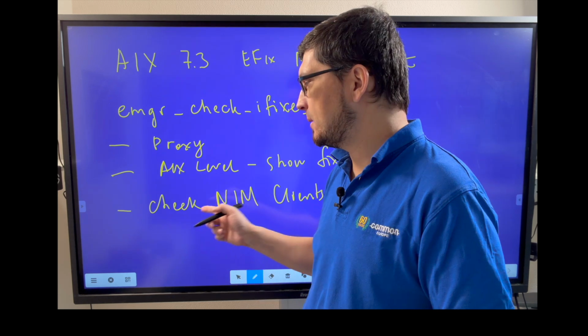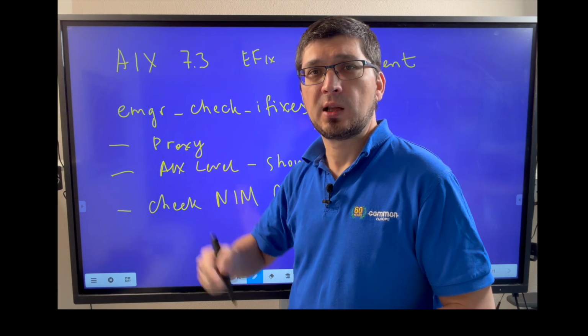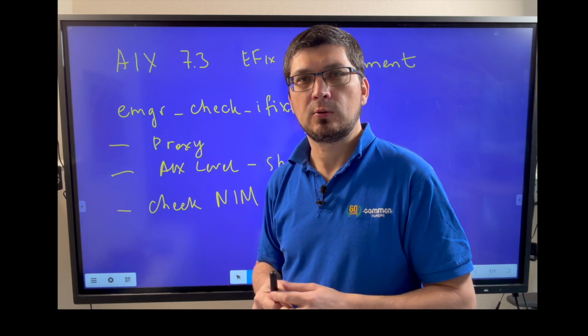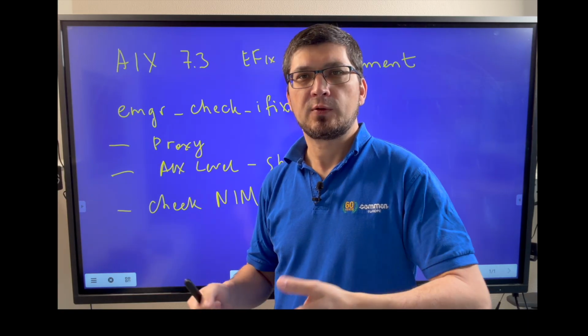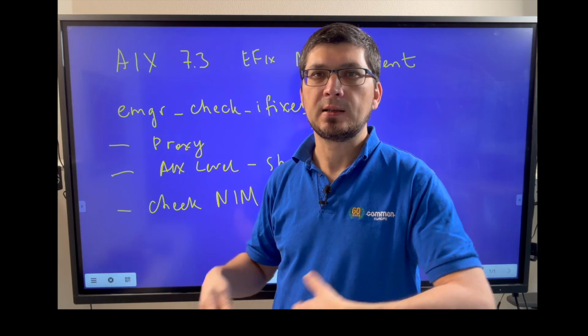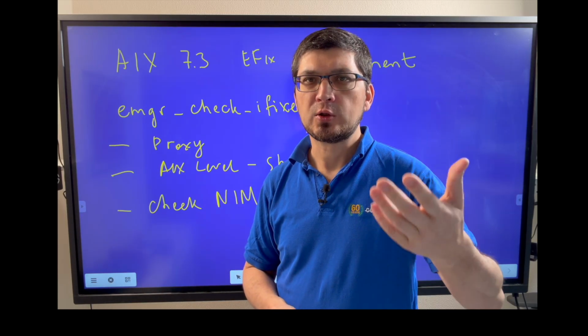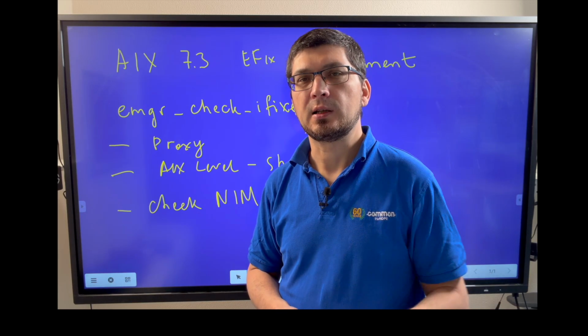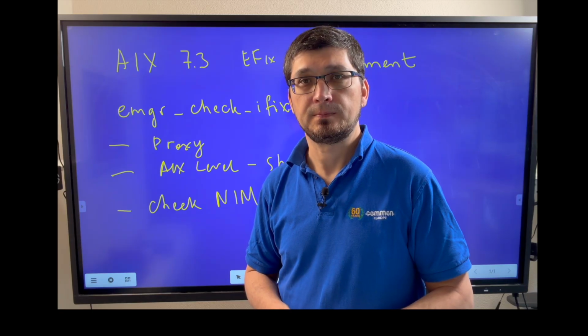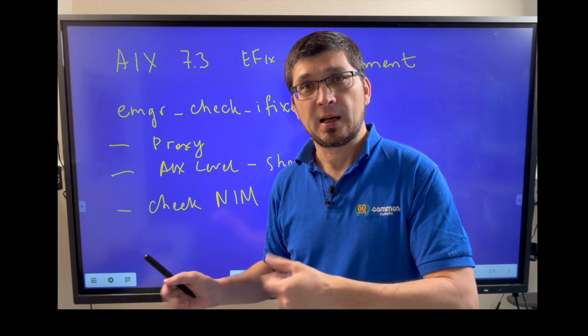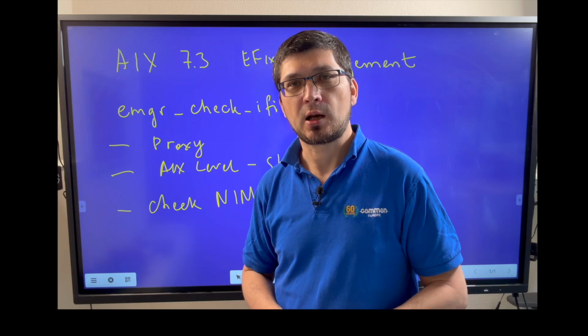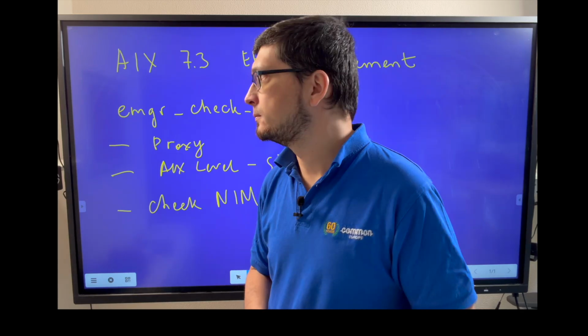So I can use my NIM server, go to the NIM client, get information about which AIX version it has and which fixes are installed, and send this information to IBM sites, analyze and get the list of the fixes. So this is theory. Let's take a look at how it works in practice.